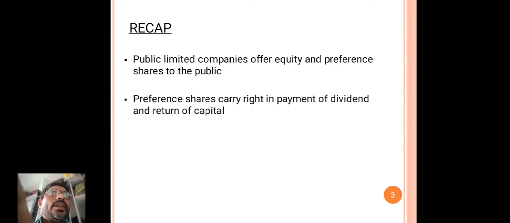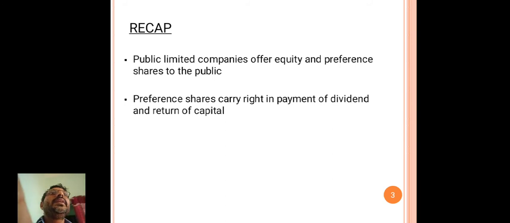So generally, in a huge profit period of a giant stock company, compared to a preference shareholder, an equity shareholder may get a higher rate of dividend.